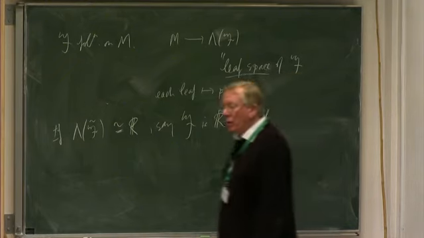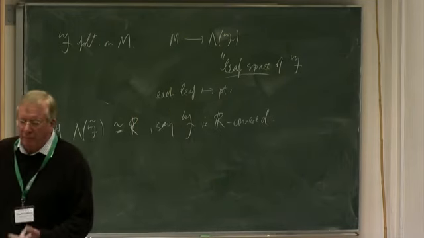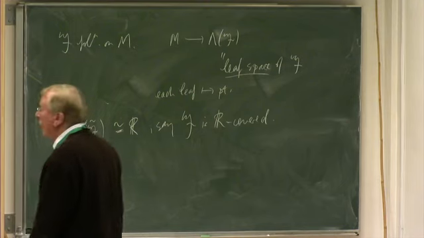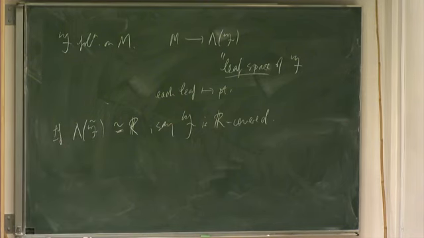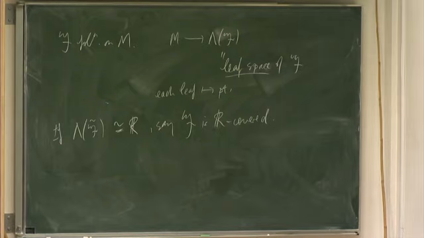And let me just finish then with the statement. This brings it all together a little bit. If our three-manifold M has an R-covered foliation, this provides some connection between the two properties that were there on the left.